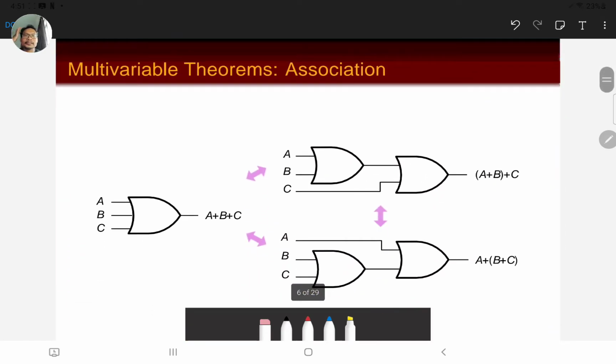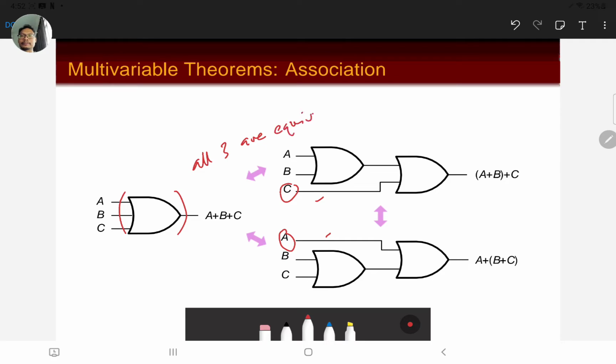Looking at the association, it is similar. We're looking at the late arriving signal. If a late arriving C, this is good. If a late arriving A, then this circuit is good. And sometimes this circuit is not so optimum on the physical level, but all 3 are in fact equivalent.